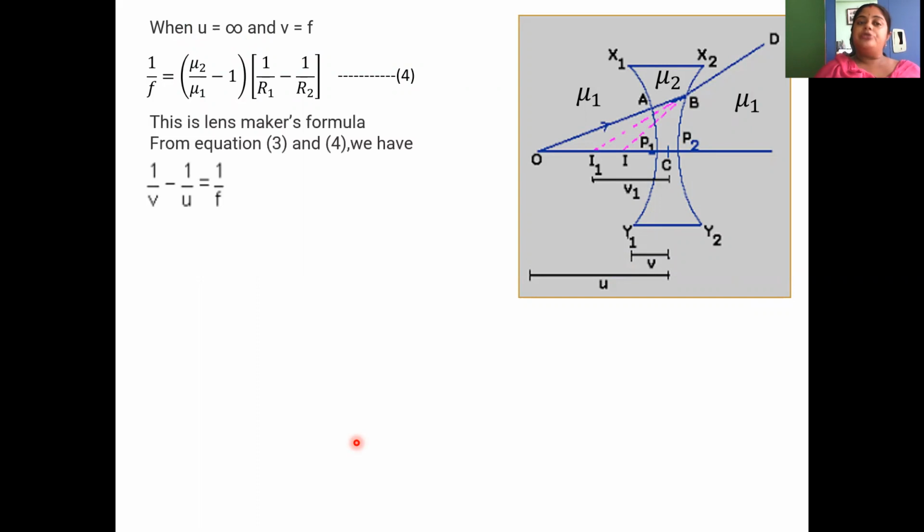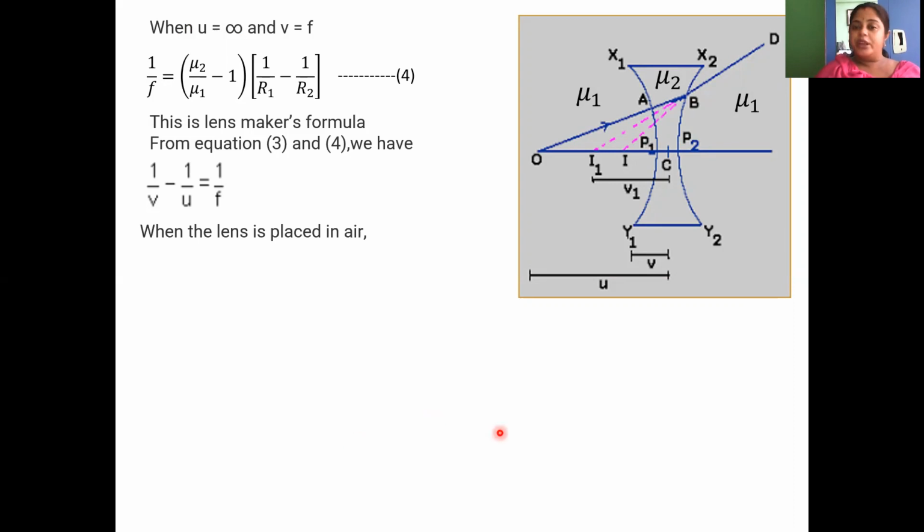Now you can compare 3 and 4. From equations 3 and 4, the right hand sides are equal, so you can equate the left hand sides. So 1 by v minus 1 by u equals 1 by f.